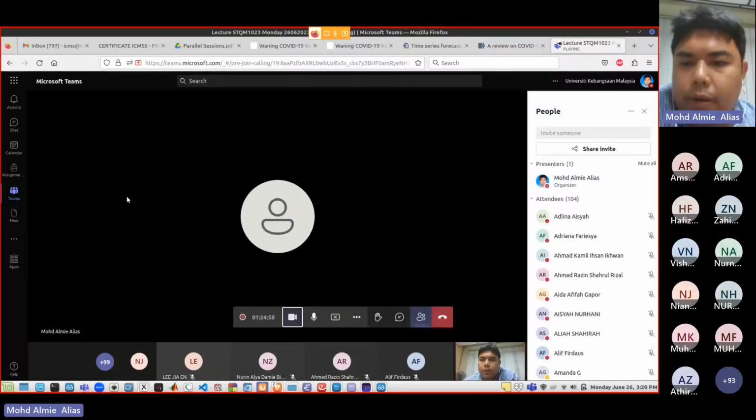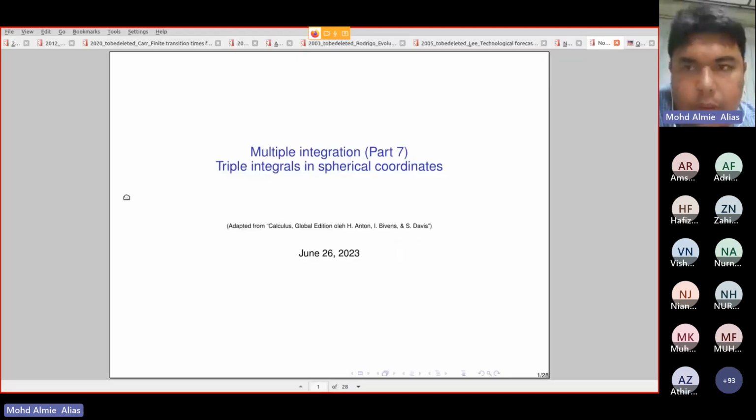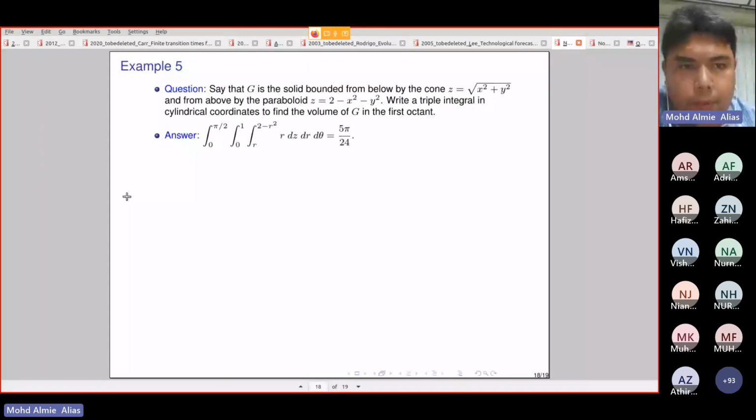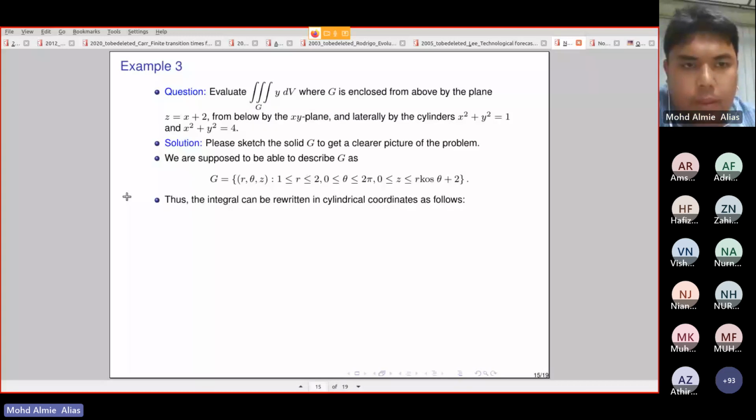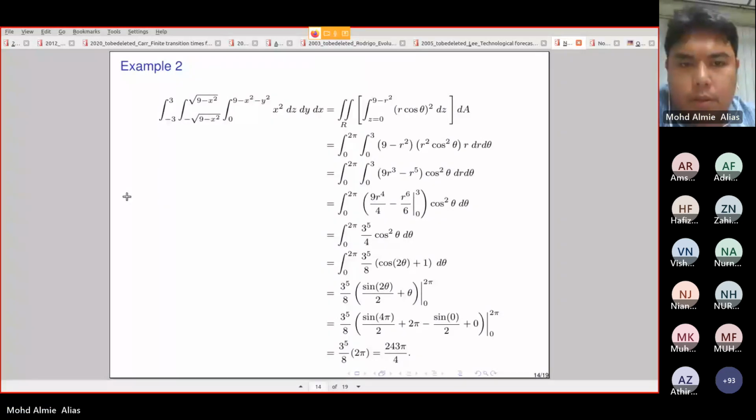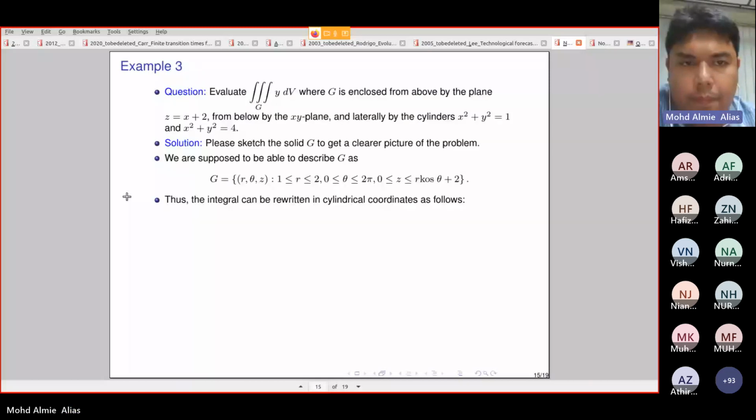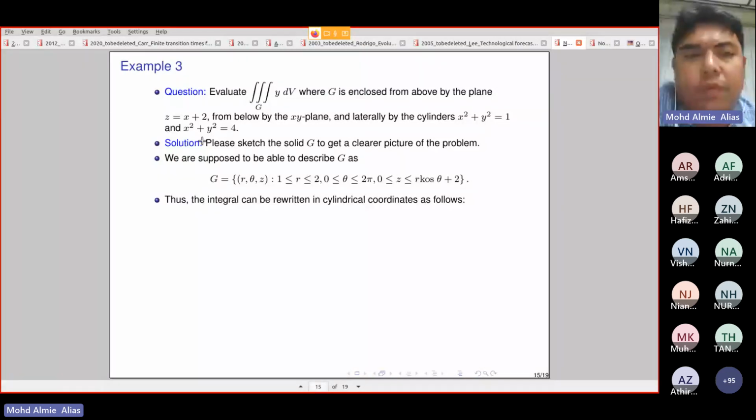Okay, so let's continue with our topic. So here we are asked to evaluate the triple integral of y over G, where G is a solid enclosed by the plane z equals x plus 2 from above, and from below by the xy plane, and laterally by the cylinder.